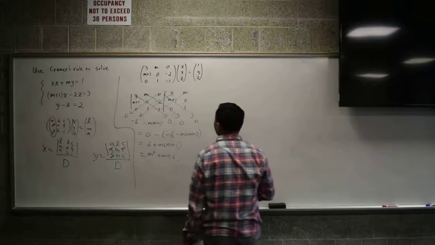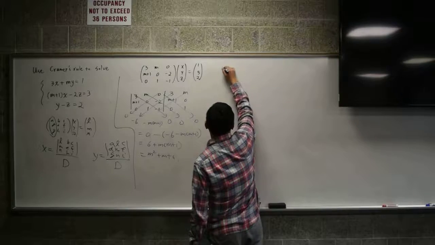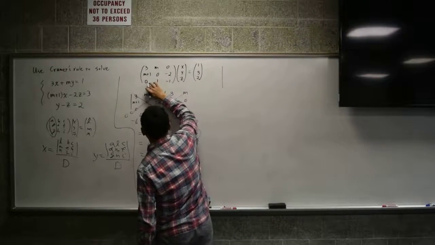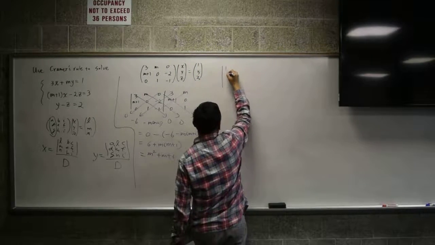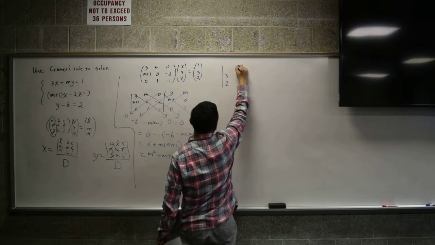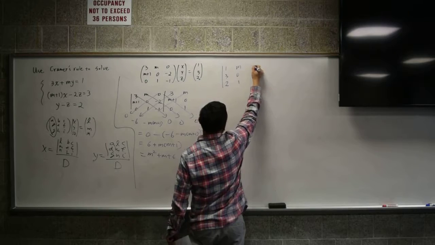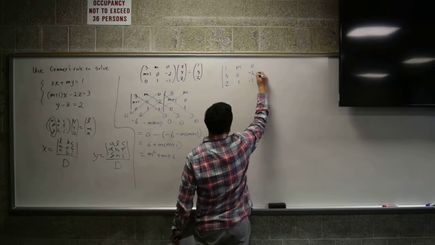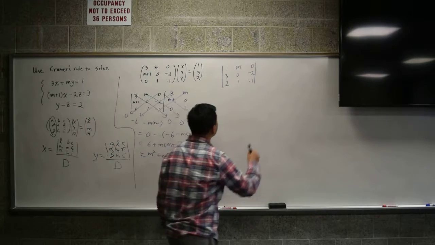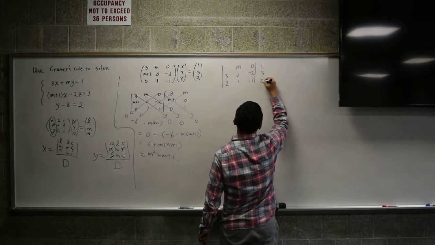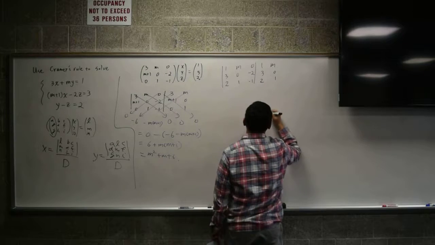Now, in order to get x, you need the determinant of the matrix obtained by replacing the first column by the constants, right? So you have 1, 3, 2 replacing the first one. M, 0, 1 stays the same. 0, negative 2, negative 1 stays the same. Let's try the same method. Copy 1, 3, 2, m, 0, 1.